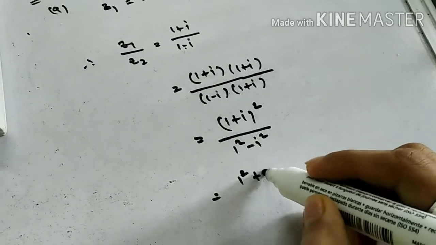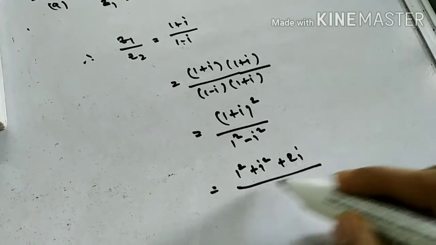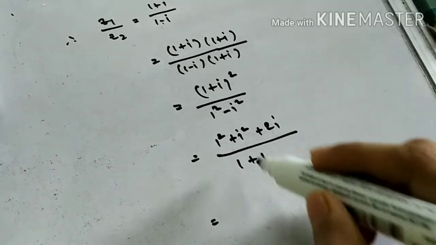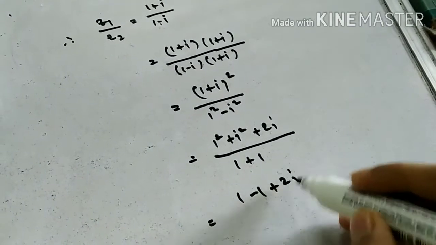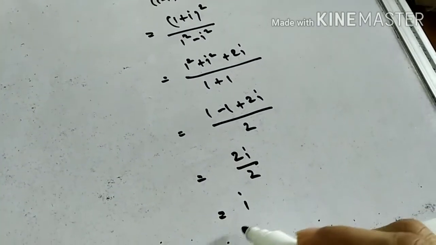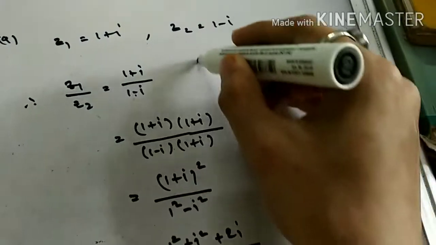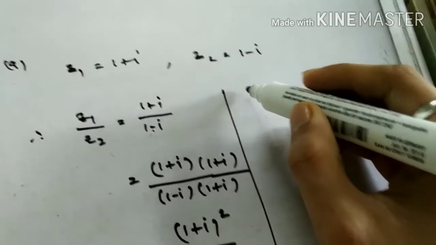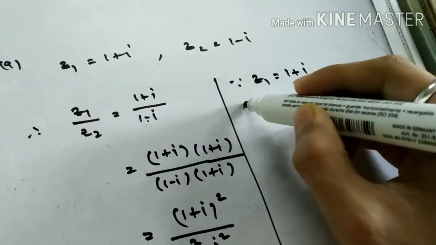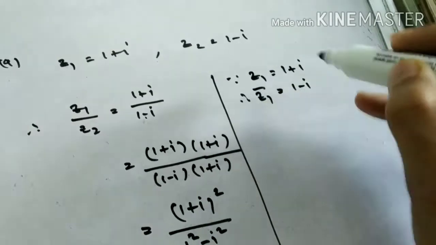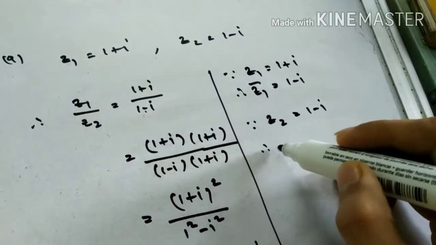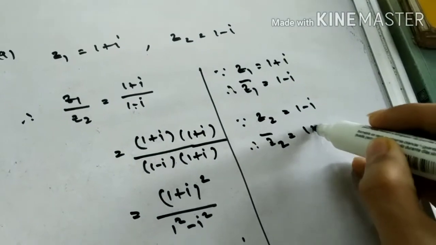Break it into formula, 1 square plus i square plus twice i by 1 plus 1, 1 minus 1 plus twice i by 2. So twice i by 2 becomes i. And next, since z1 is equal to 1 plus i, therefore z1 bar will be 1 minus i. And since z2 is equal to 1 minus i, therefore z2 bar will be 1 plus i.